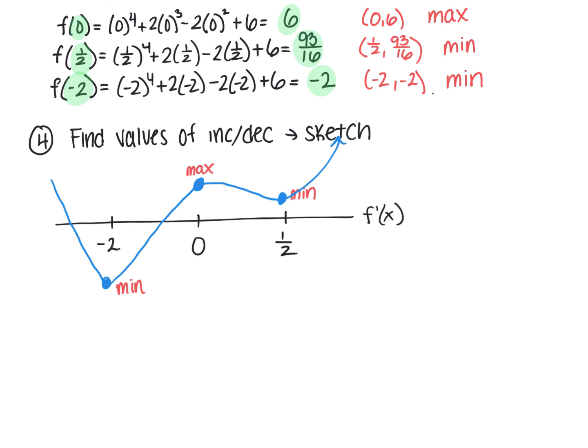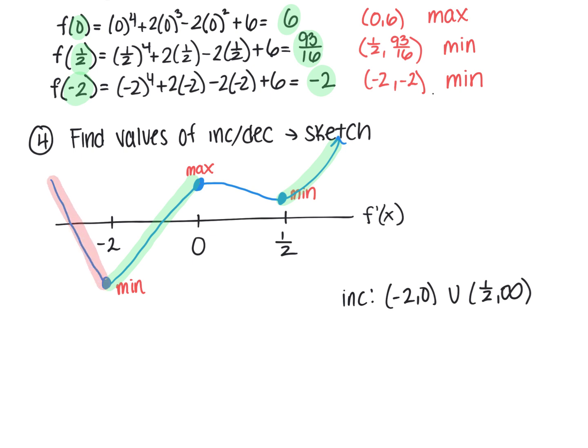So you can say the graph is increasing from -2 to 0 and from 1/2 to infinity. And then you can say the graph is decreasing.